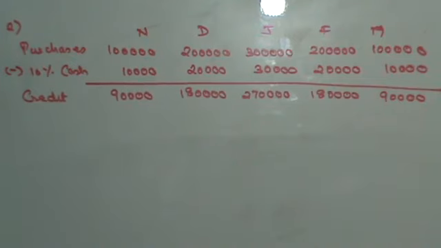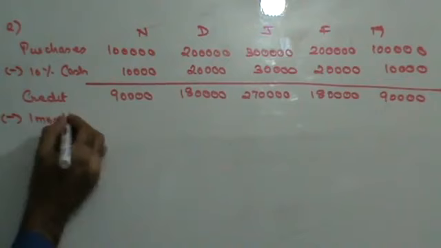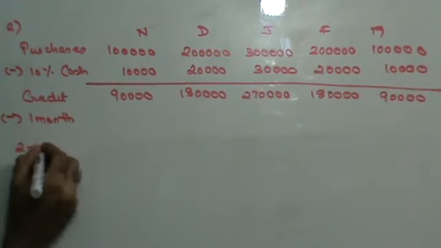Right. Now, credit from creditors is 2 months. 1% cash discount if the payment is made within 1 month. It is estimated that 50% of the creditors will be paid within 1 month. Right? So now this is my credit payment that I have to make, out of which 50% I am going to make in 1 month, and the rest in 2 months.